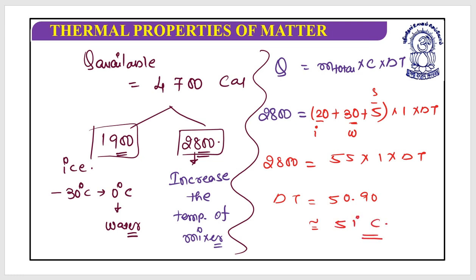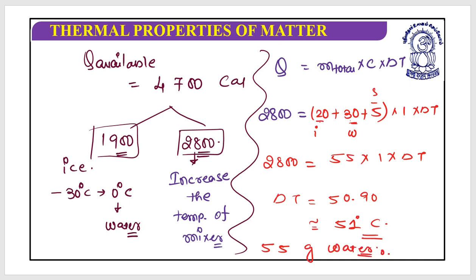This is the temperature of the mixture. It's 51 degrees Celsius, and it contains 20 plus 30, 50, 50 plus 5, it contains 55 gram of water.